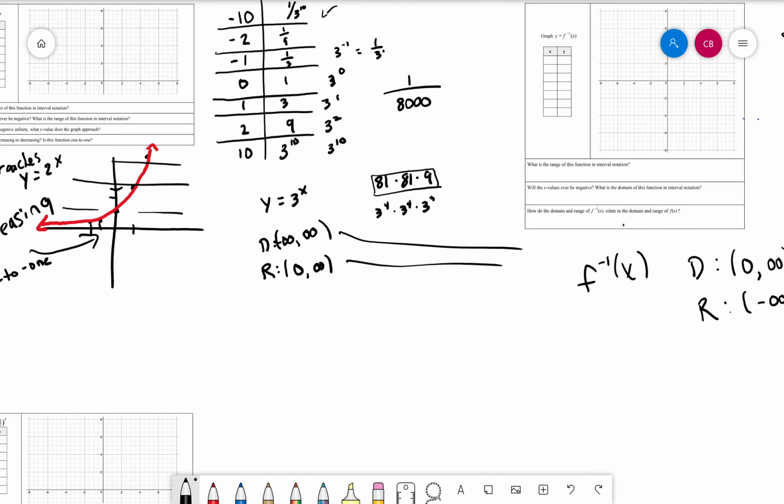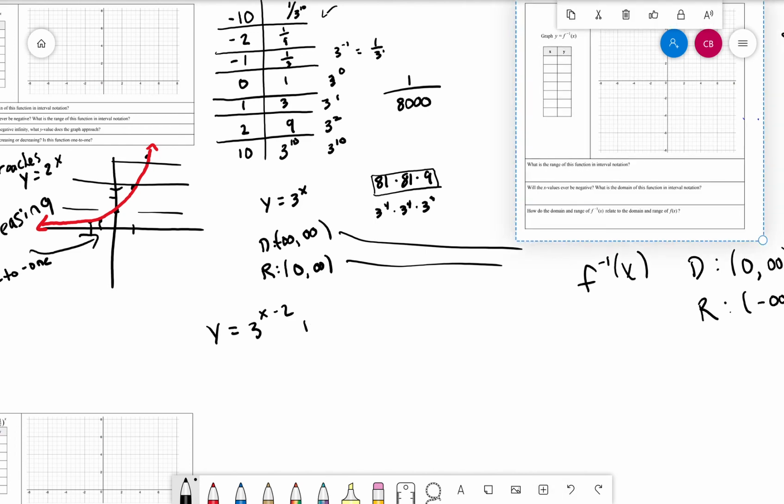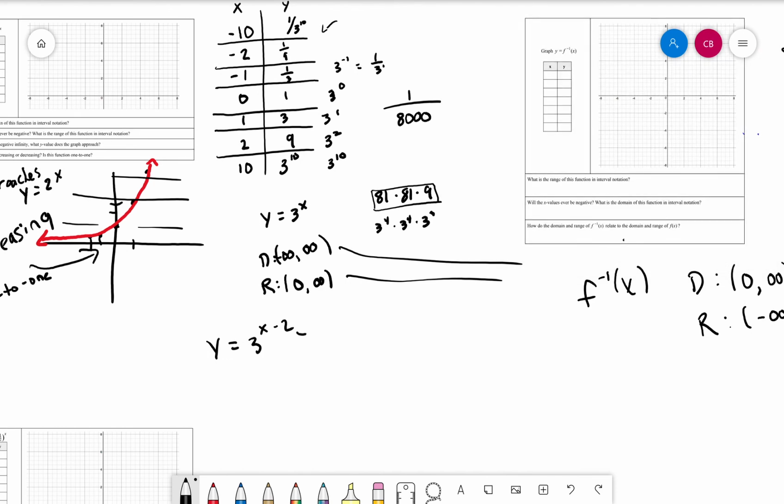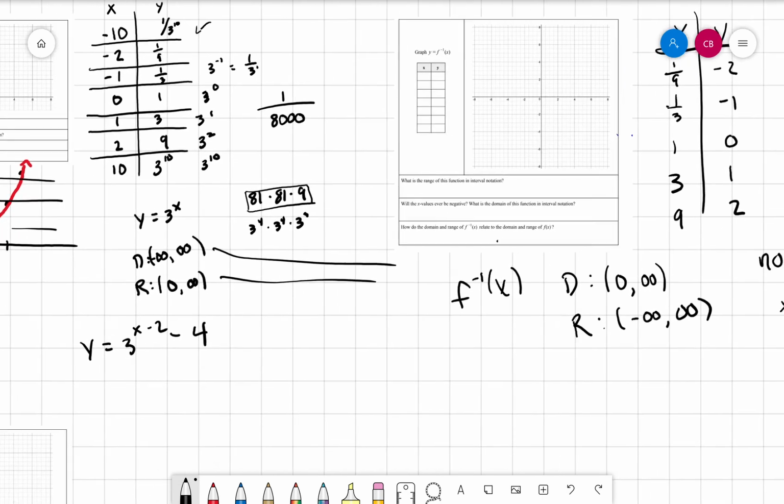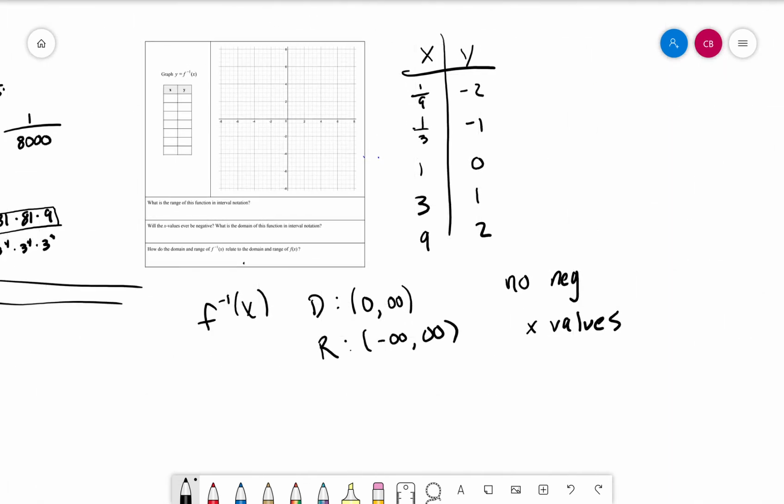Remember, our original problem was not something like y is equal to 3 to the x minus 4. That would shift the graph down, and the range values would have some negatives in there if that was the case. But since we don't have that, we don't have any shift.